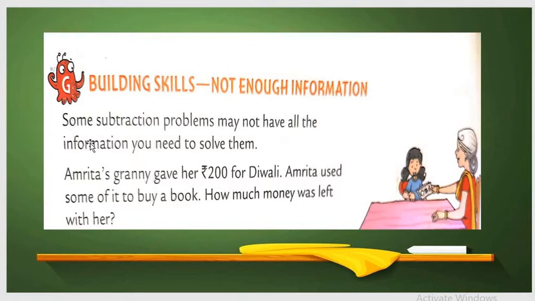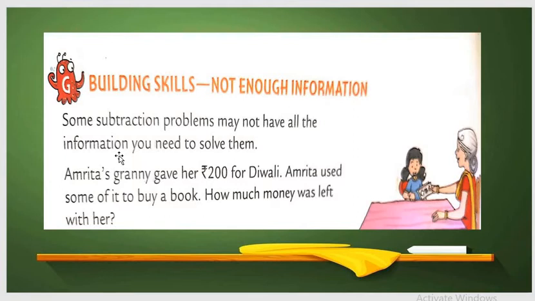Now check it. Some subtraction problems may not have all the information you need to solve them. It means some subtraction problems may not have all the information because they do not give full details.